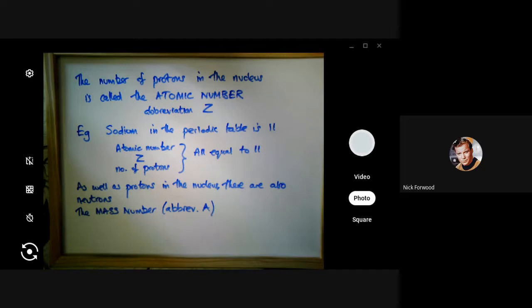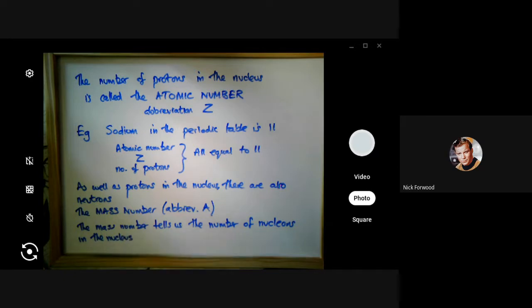Now, what does the mass number mean? The mass number tells us the number of nucleons in the nucleus.